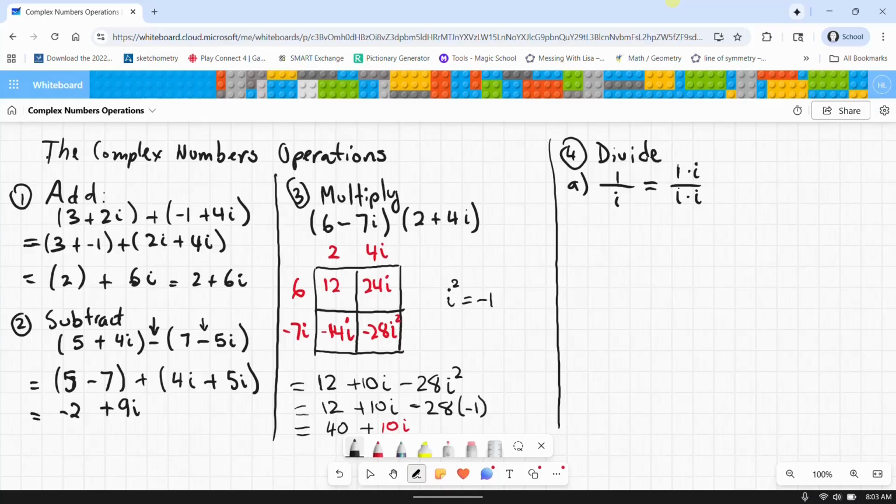That doesn't change anything, right? But look at the bottom. Now 1 plus i is going to be i in the numerator, and i times i is going to be i squared. Now we have i over i squared, and i squared is negative 1. So now we divide i by negative 1, which will be negative i.